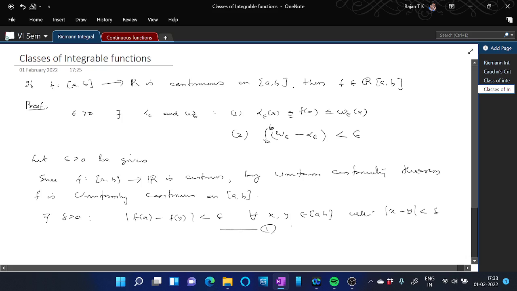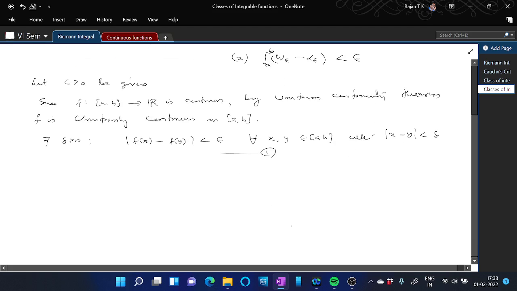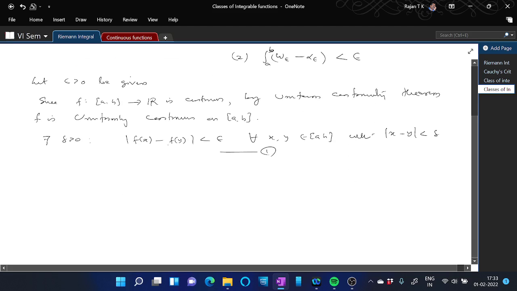We take this as equation 1. Now, in addition to this, let us assume that this mod of f(x) minus f(y) is less than epsilon divided by b minus a. So, f is uniformly continuous. Then we are getting the condition that there exists a delta such that mod of f(x) minus f(y) is less than epsilon by b minus a for all x, y with mod of x minus y less than delta.